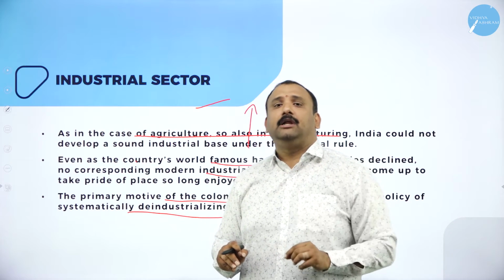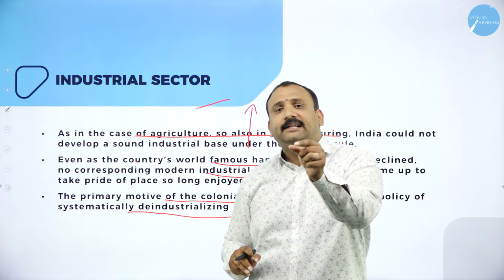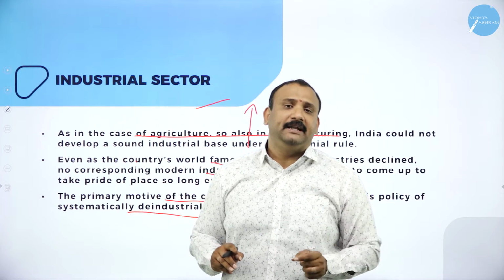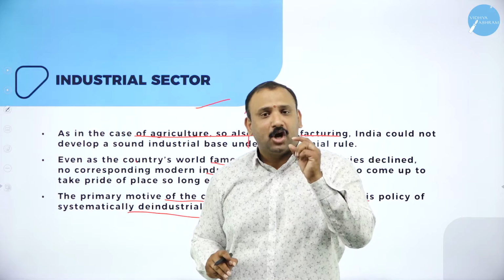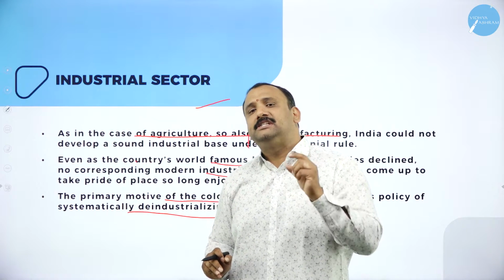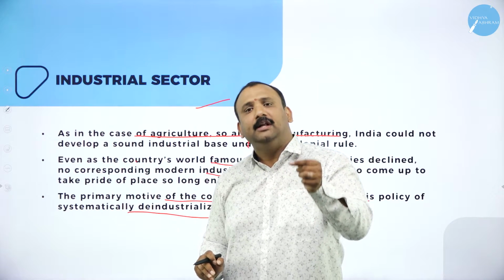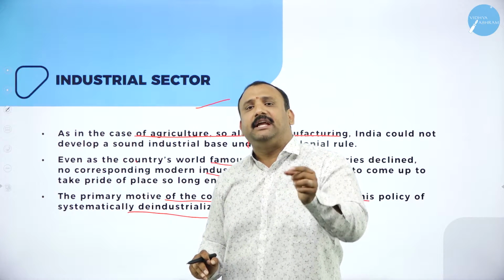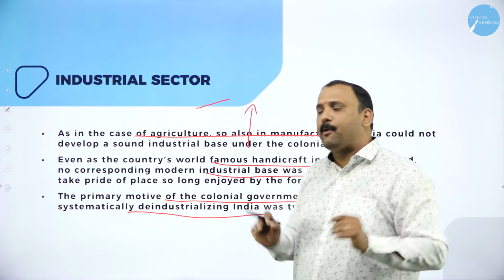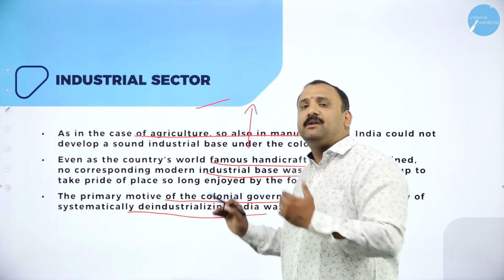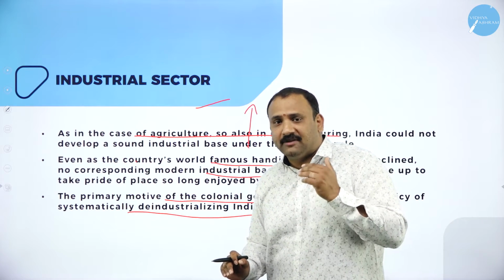But unfortunately, what happened here is that slowly the British government started taking away rights from India. The British government did not give licenses to India. The British government did not allow export policies right out of the Indian government. Every single protocol, every single activity was controlled only by the British government. So at any given point of time, the industrial growth was not given a push, was not given a thought.